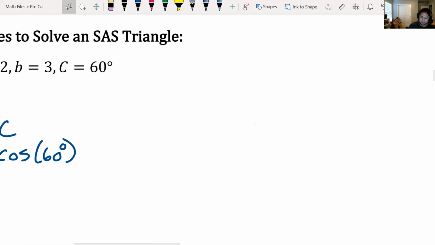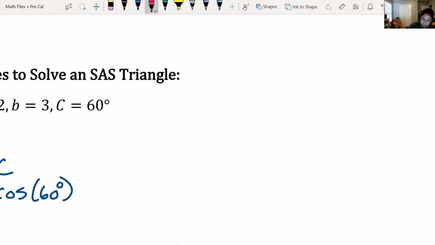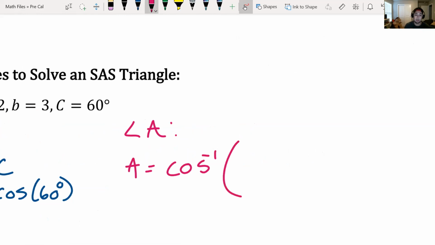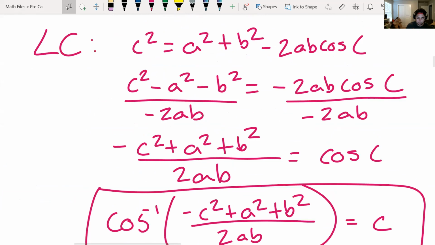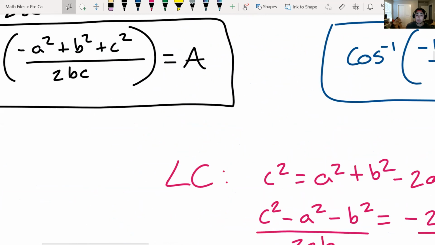Let's look for angle A. Angle A is given as the inverse cosine of, and what do we have above for A? Negative A squared plus B squared plus C squared over 2BC.